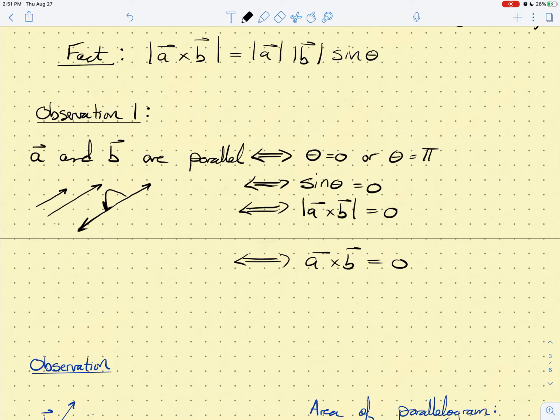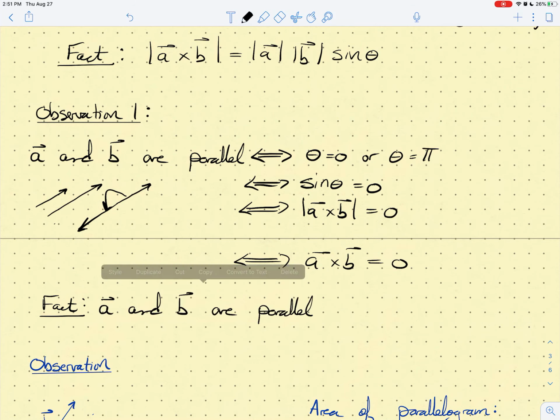And so that's our key fact. Let's copy this to save time here. A and B are parallel, let's put it all together, if and only if their cross product, and I made a mistake above, their cross product is the 0 vector.